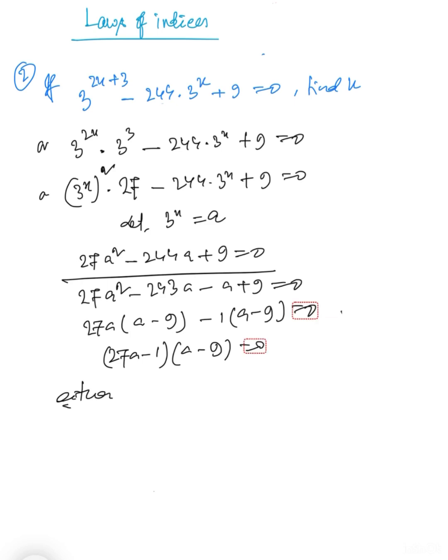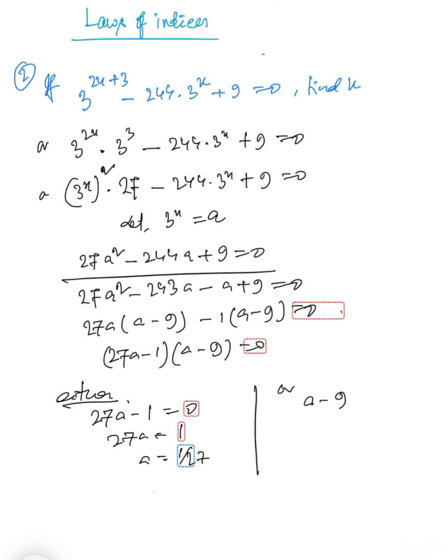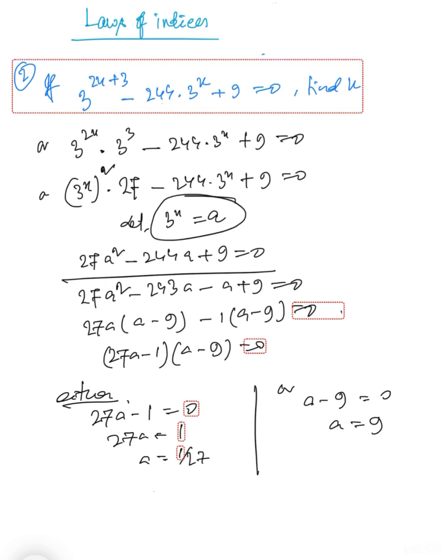From here, you get either 27a minus 1 equals 0, or 27a equals 1, a equals 1 by 27, or a minus 9 equals 0, a equals 9. Now what is a? a is 3 to the power x. Now put it back in place of a.